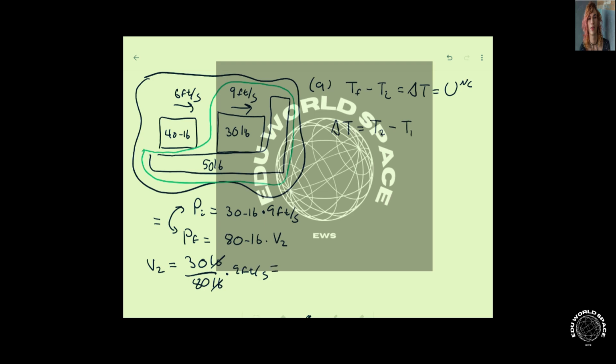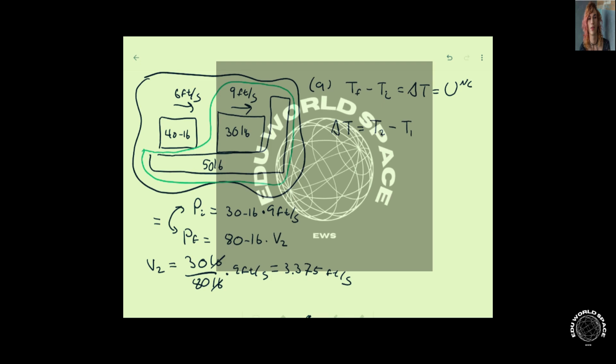That means right after the 30-pound suitcase gets put on the baggage carrier, it's moving at 3.375 feet per second. That's the speed of our combined 30-pound suitcase and 50-pound suitcase carrier right after it is thrown.